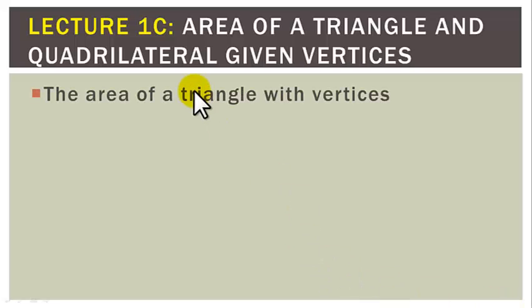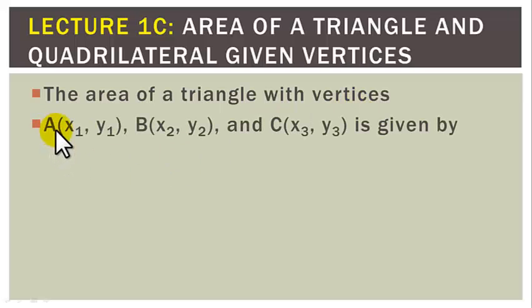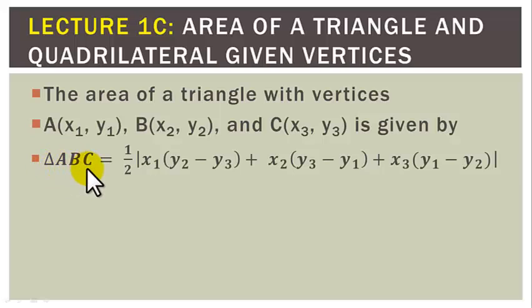The area of a triangle with vertices A(x1, y1), B(x2, y2), and C(x3, y3) is given by: area of triangle ABC is equal to half times the absolute value of x1 times (y2 minus y3) plus x2 times (y3 minus y1) plus x3 times (y1 minus y2).